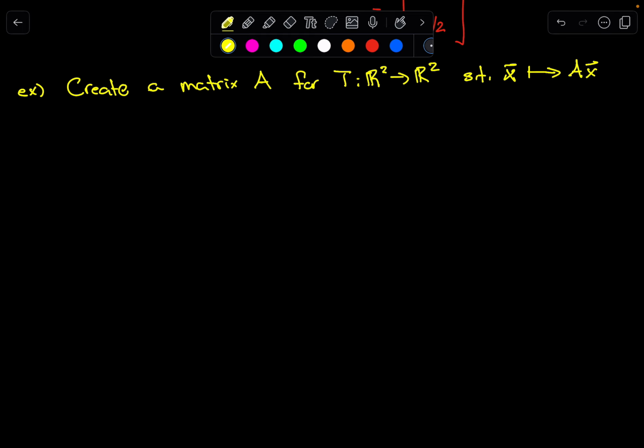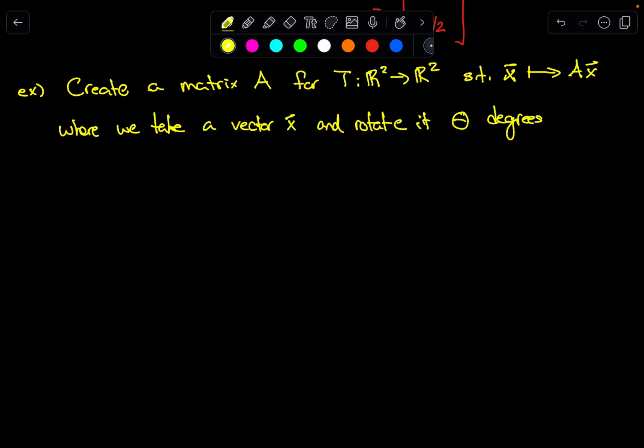So create a matrix A for this linear transformation T that maps us from R2 to R2 such that X gets mapped to AX, where we take a vector X and rotate it theta degrees counterclockwise.